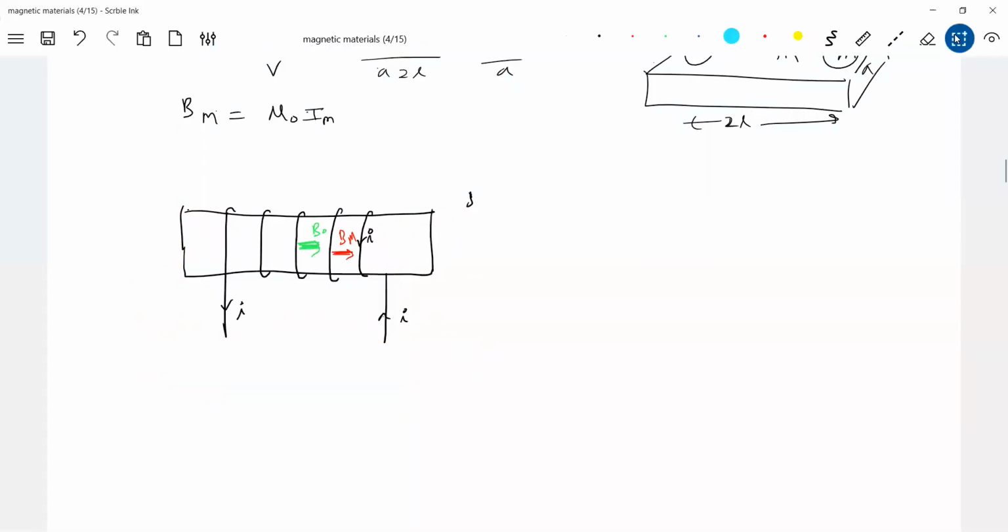What is the resultant magnetic field? The total magnetic field, the net magnetic field, B is equal to B naught plus Bm. What is B naught? B naught is given by mu naught H.